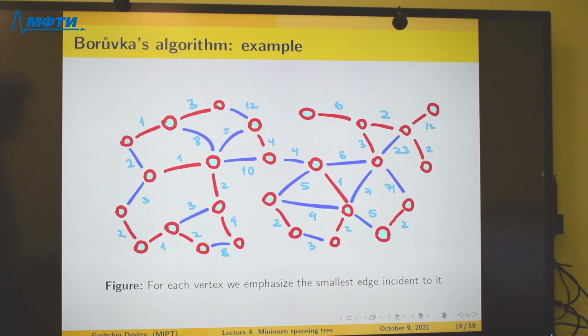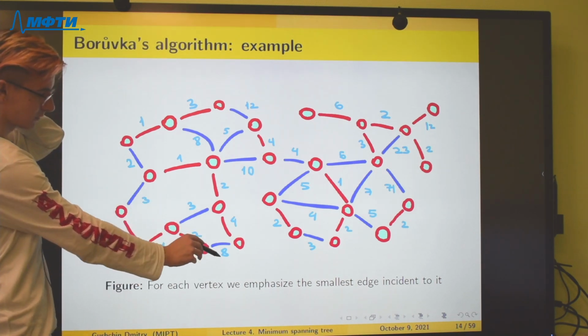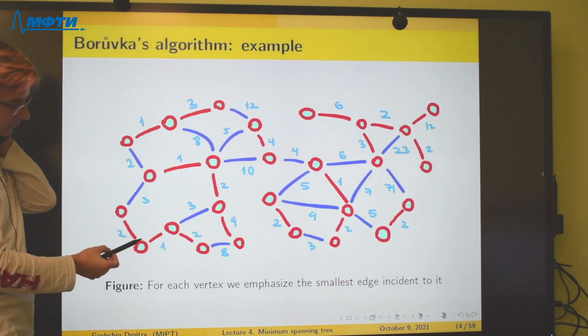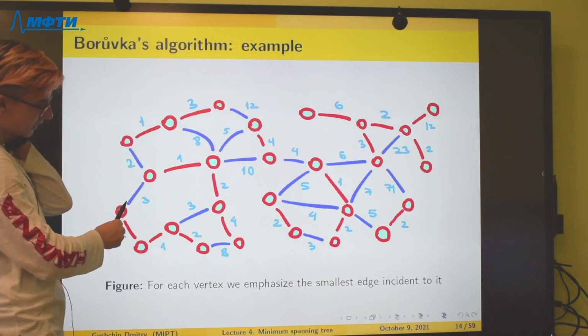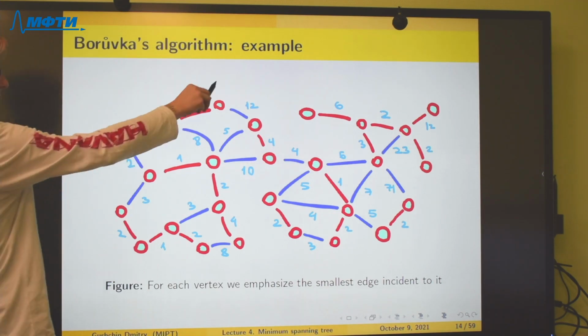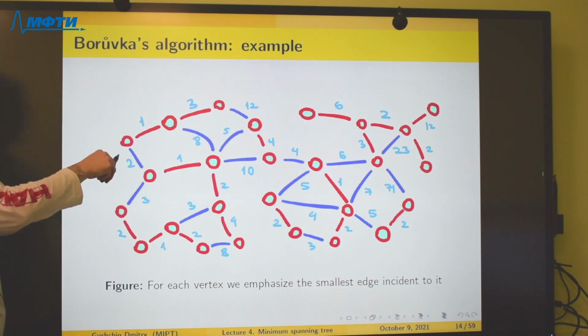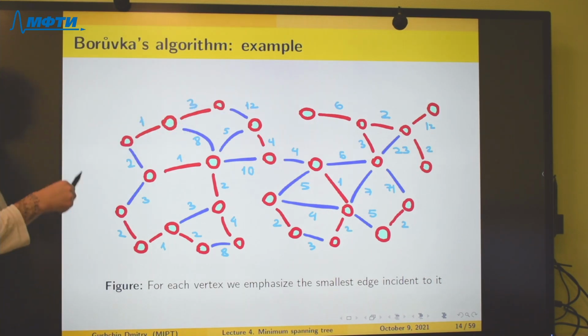So we repeat it for new components. Yeah, we say that these are new components, and we have a cut, and we add, for example, this edge or this edge. We have this cut, and we add this edge because it is the minimum cost in this cut. Yeah, and repeat it for all new components.